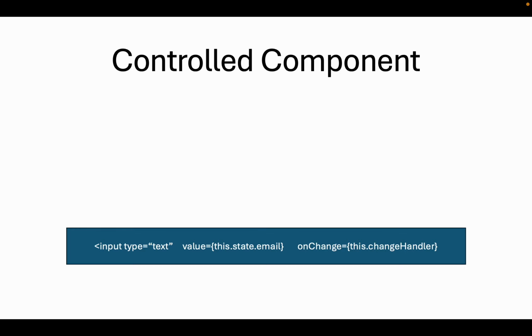Then in the onChange event, we will use some handler that will take the value from the default behavior of this HTML or JSX element. So let's move forward and see what will happen when you call onChange, or when you write anything in the input. The onChange handler will be called.